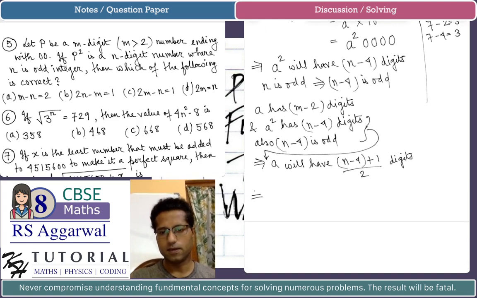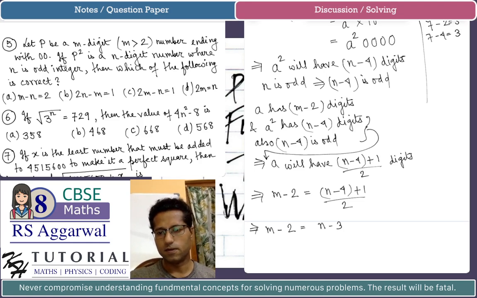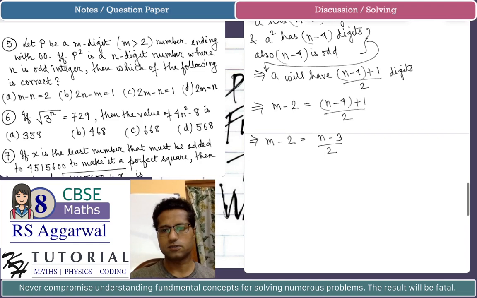So this will imply m minus 2 is equal to n minus 4 plus 1 by 2. This will imply m minus 2 is equal to n minus 3 by 2. If you do cross products and equate them, this will imply 2 into m minus 2 is equal to n minus 3.